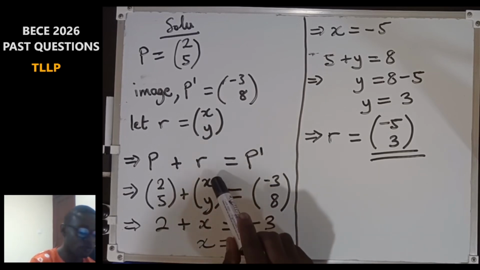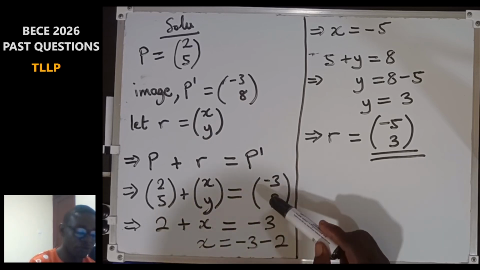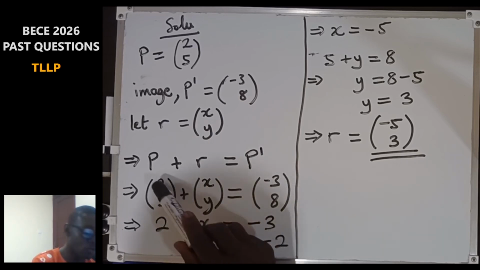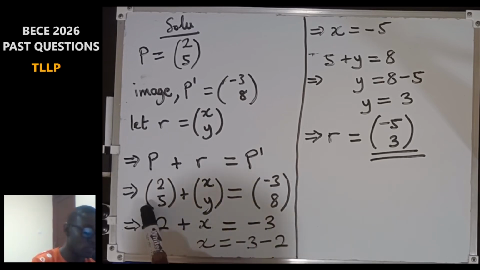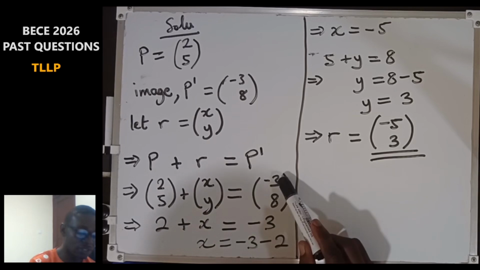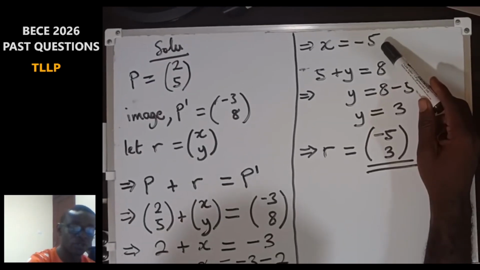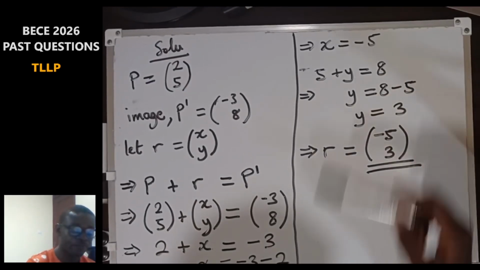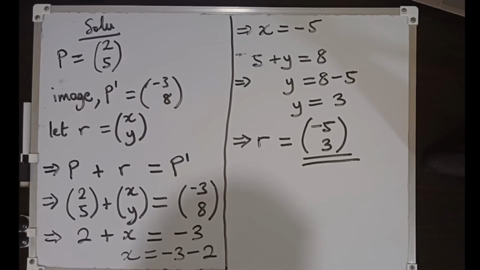We let r be x on y. So when we do that, we are going to get -3 on 8. Then we equate the x coordinates, and then we equate the y coordinates. When we equate the x coordinates, we say that 2 plus x gives us -3. And then we simplify to find the value of x, which we got to be -5.